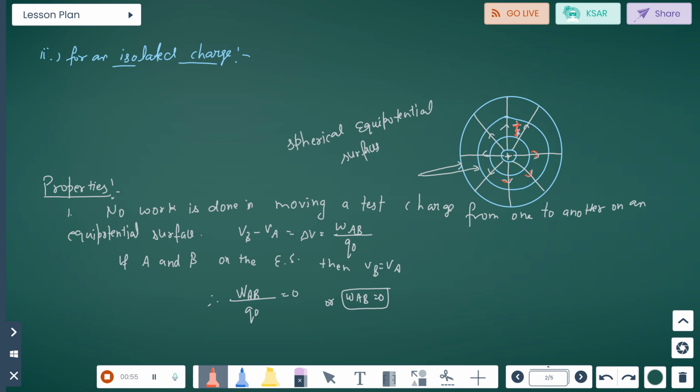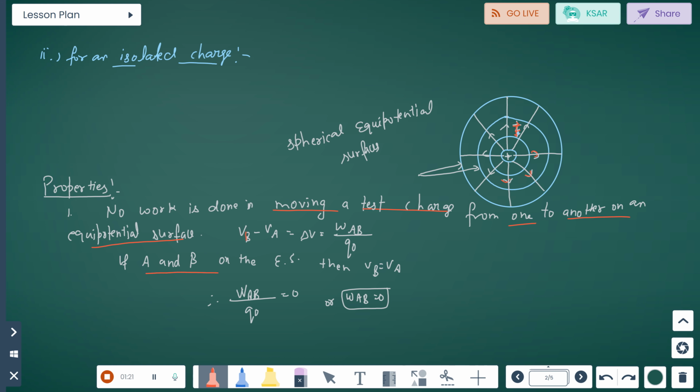Now some properties. First, no work is done in moving a test charge from one point to another on an equipotential surface. That means Vb minus Va equals delta V, which equals W AB divided by Q naught.